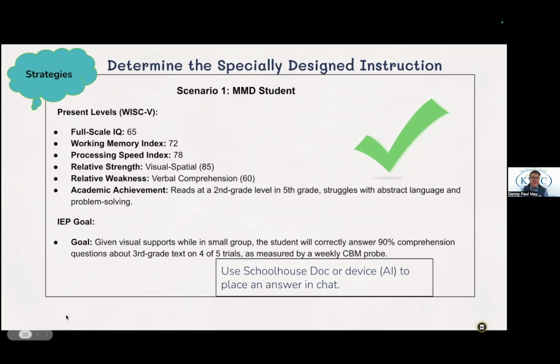So let's take just a few minutes and think about this. Take time to read it really carefully. Come up with strategies. Use your tools to come up with additional strategies.